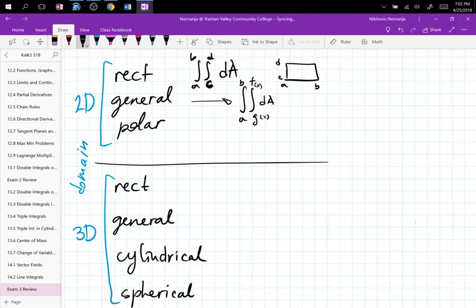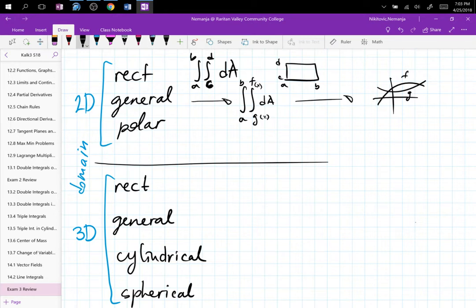I can put the function inside and compute the volume, or I can keep the function out and just compute the area of the domain. And what you get here is the domain that has the function f on the bottom, function g on the top. Again, if I put a function in, this becomes a stencil. All right? If I don't put the function in, I'm just computing the area of the intersection over there, or the slice.